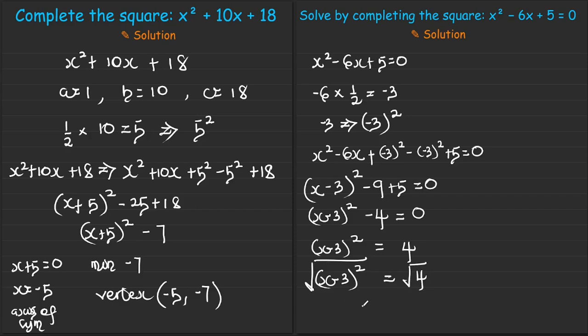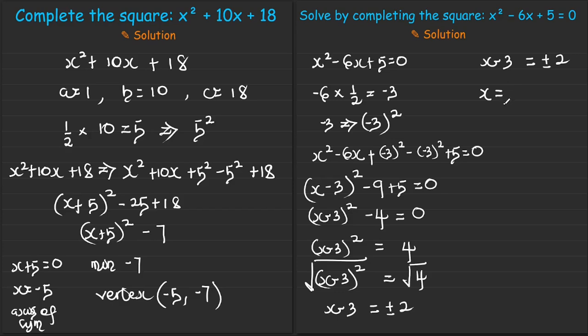So the square root of both sides, this then gives us x minus 3. And then the square root of 4 gives us plus or minus 2. There are 2 values we get. We still do not have x as the subject. So to make x the subject, we'll then have to move the -3. You see, so we have our x, then our -3 moves to the other side to give us what?